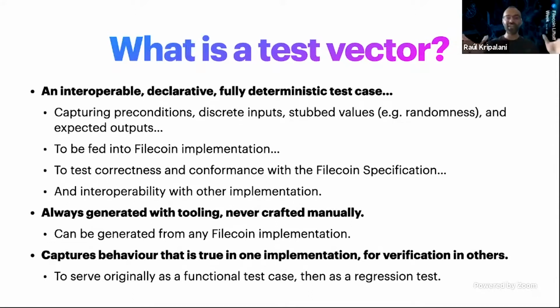You can think of test vectors as kind of like a photograph that captures behavior that is true in one implementation so that it can be verified in other implementations. So essentially they serve as functional test cases to begin with, but then they survive as regression tests going forward.